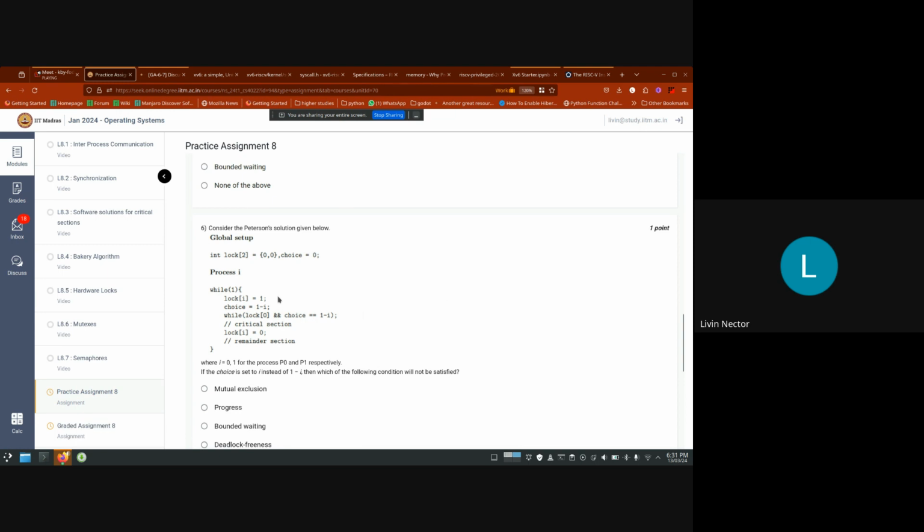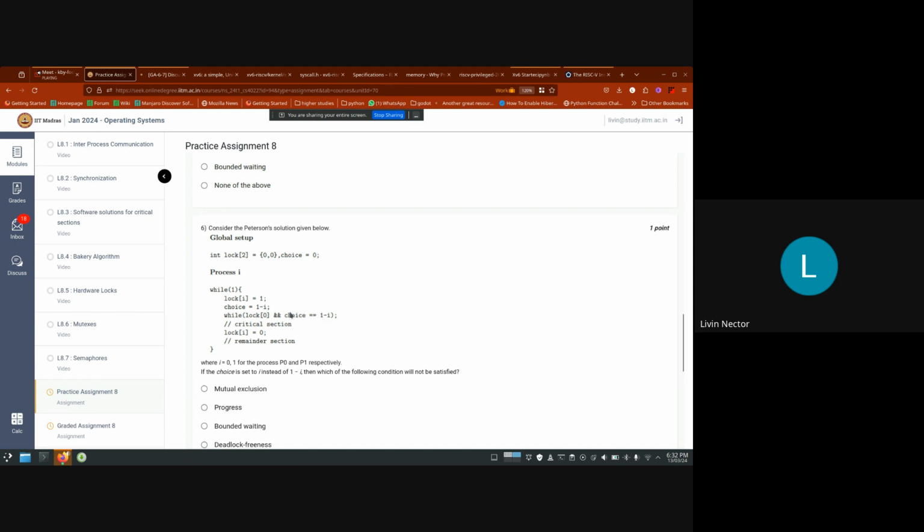Choice cannot hold two values, right? So this condition will be in both of the processes. If both locks are 1, meaning both processes want to enter the critical section, this choice makes only one process able to enter the critical section.